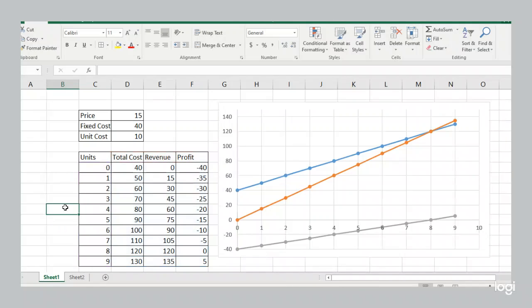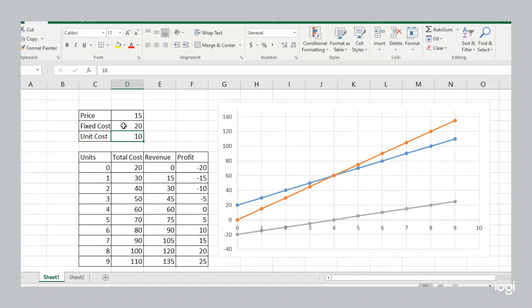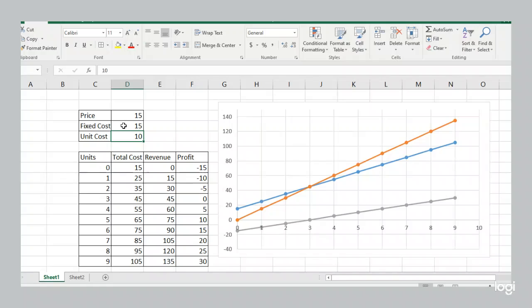There we go. Okay, so you can see that intersection, right? So now our break-even point is later on. It's 8, because we have a greater fixed cost to overcome, right? So our break-even point shifted further back because our fixed cost increased. Remember before it was 20. Now we can also decrease that fixed cost to say 15, okay? And now we have our break-even point earlier on at 3, and our profit curve is also higher up.